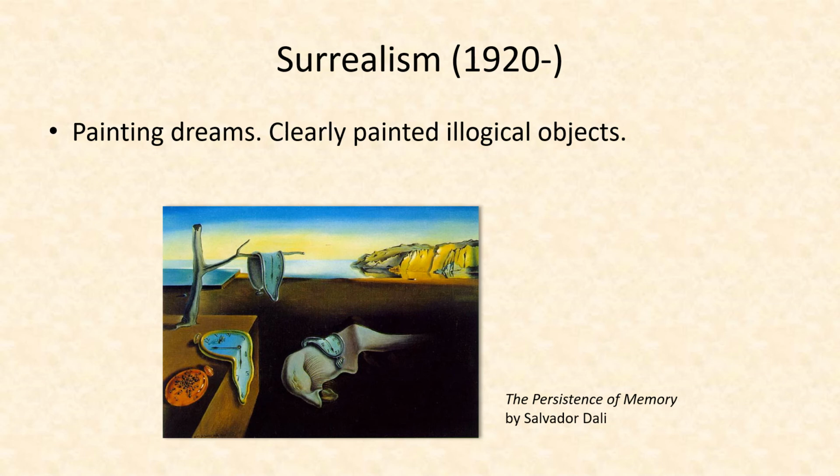So in the art period from the 1920s, and a little bit beyond, we see the painting of dreams as depicted here by an artwork you'll probably recognize. It's by Salvador Dali. Notice that this is a dreamlike state. It's clearly painted, but it's like illogical objects, things that you might see in a dream, but not in the real world.